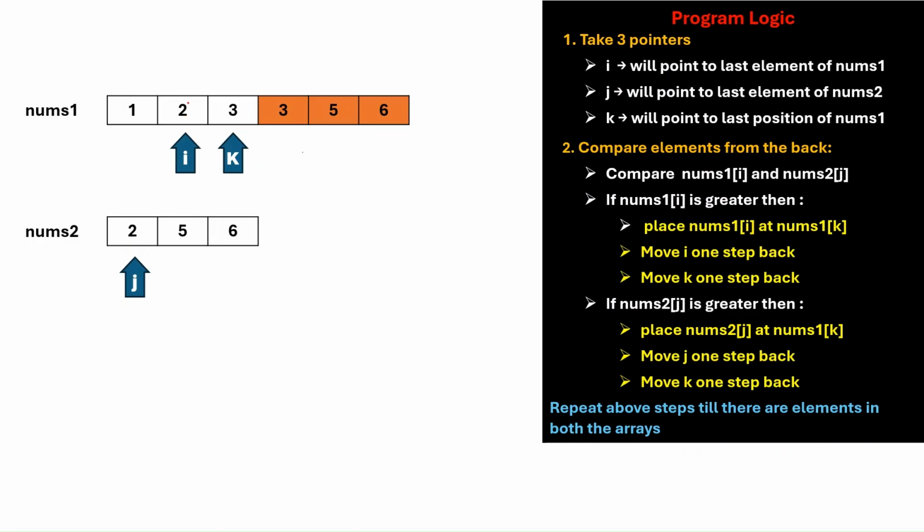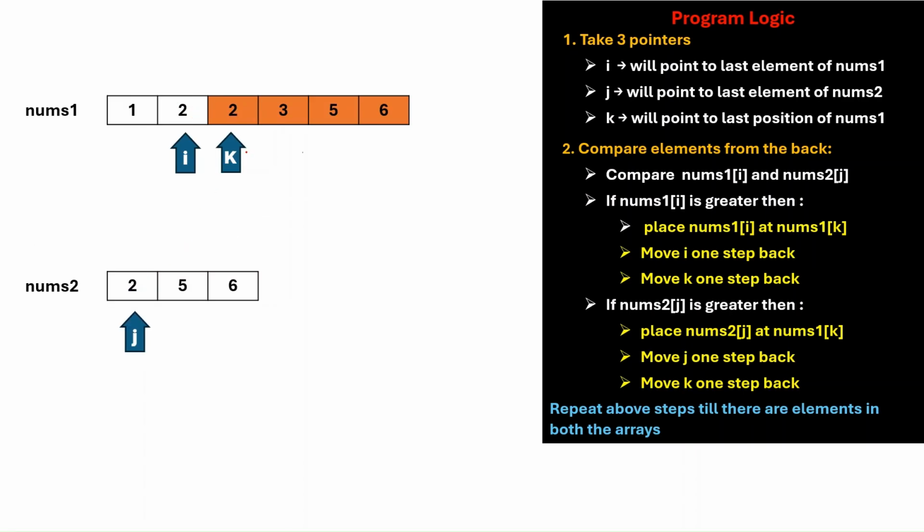Again, the same comparison, nums1 i now is 2, nums2 j now is 2. So we'll compare 2 and 2. We'll put 2 at kth position and we'll shift j pointer and k pointer. Now I have shifted j pointer and k pointer.